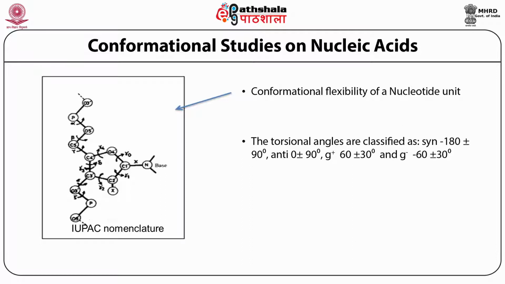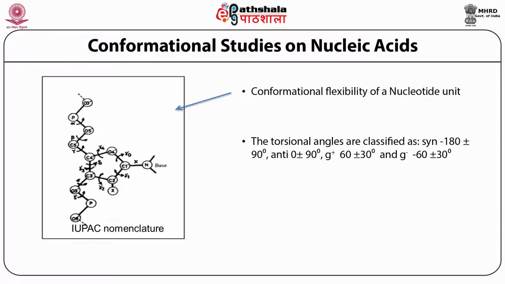We also show in the picture the IUPAC nomenclature for the backbone torsional angles. If you start from phosphorus P, P-O5' is alpha, O5'-C5' is beta, C5'-C4' rotation is gamma, C4'-C3' is restricted, but it is called delta, and C3'-O3' epsilon, and O3'-P as zeta.